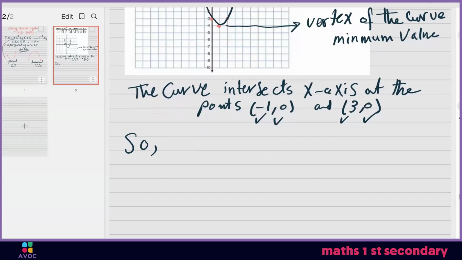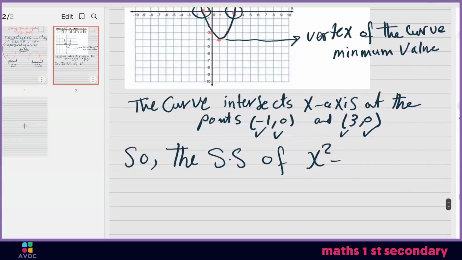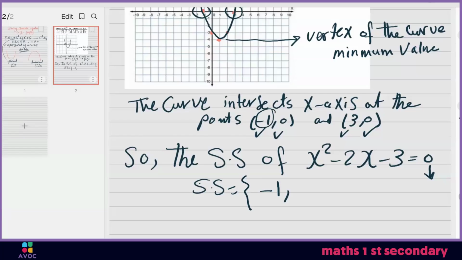So when I ask you to find the solution set of x squared minus 2x minus 3 equals 0, 0 means y equals 0. To find the solution set of x squared minus 2x minus 3 in the real numbers, the solution set will be -1, which is this, and 3, which is this.